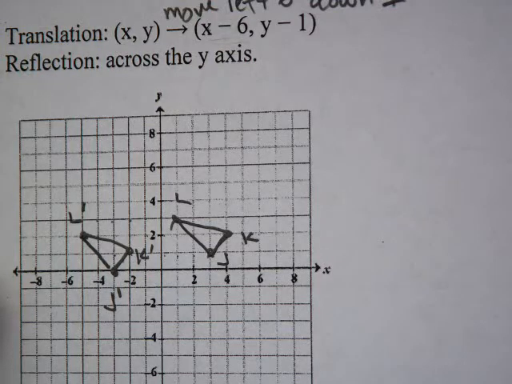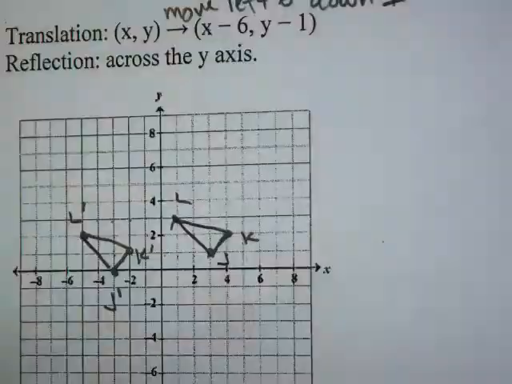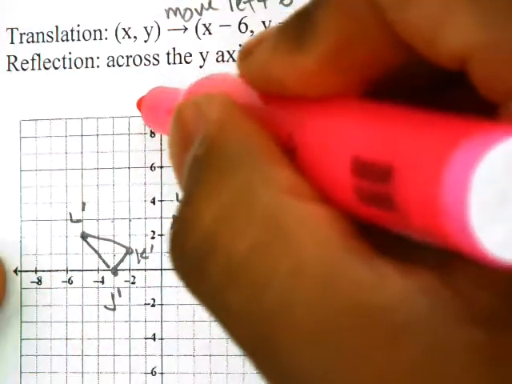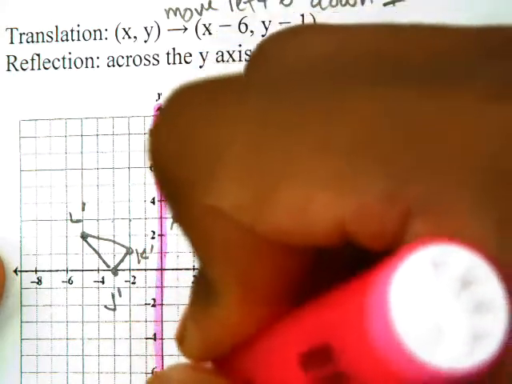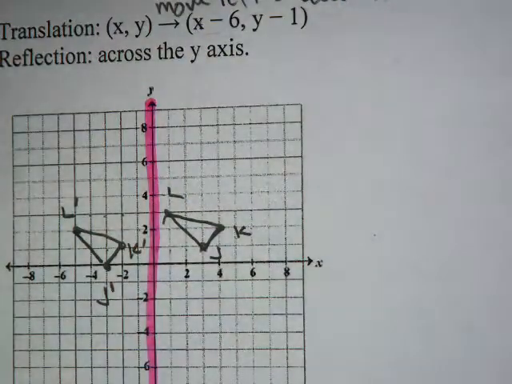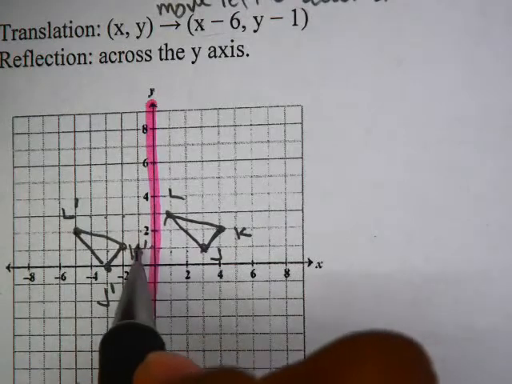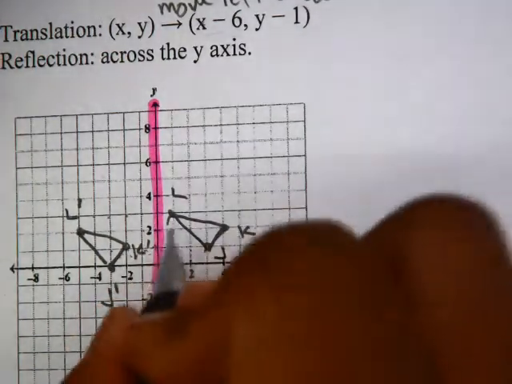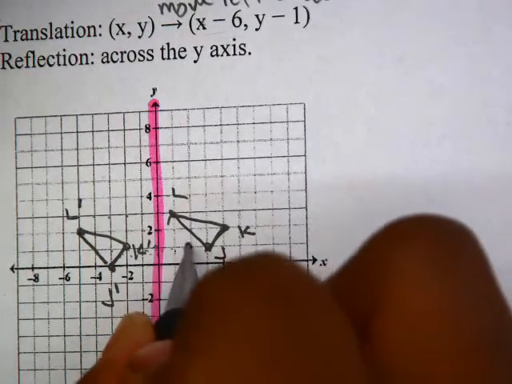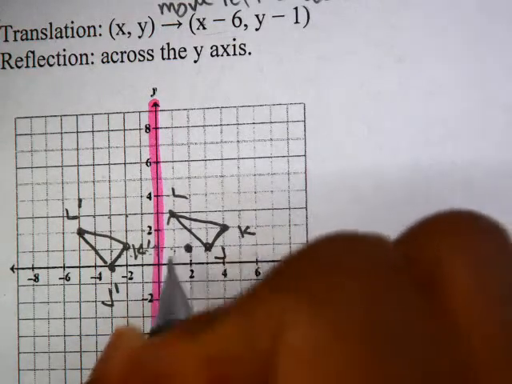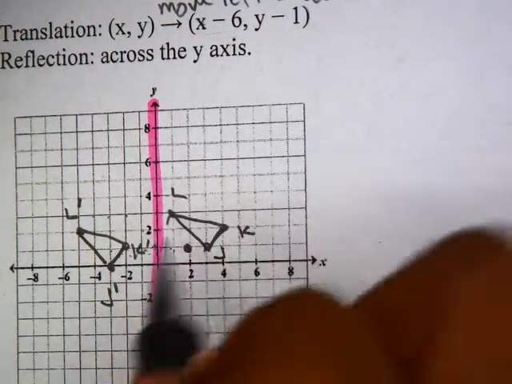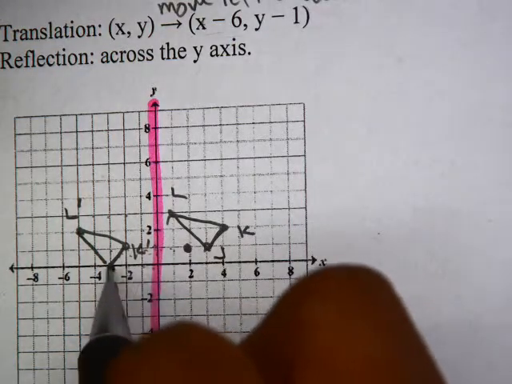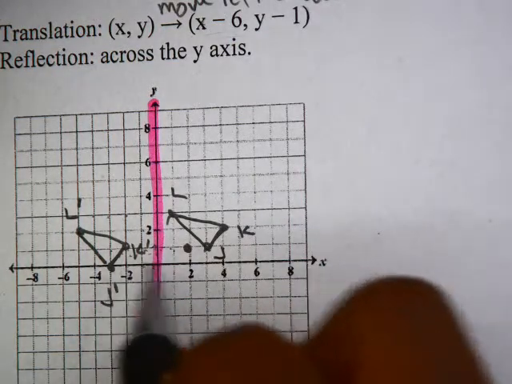Now I have to reflect it across the y-axis, which is this line right here. So I'm going to get a shape that overlaps my original one. Notice how K prime is 2 units away from this y-axis. So K double prime is 2 units in the opposite direction. J prime is 3 units away from the y-axis.